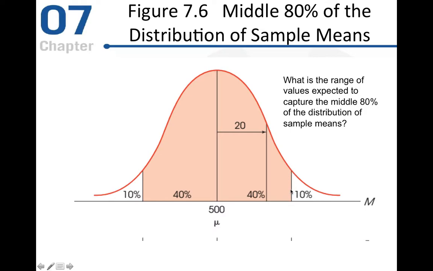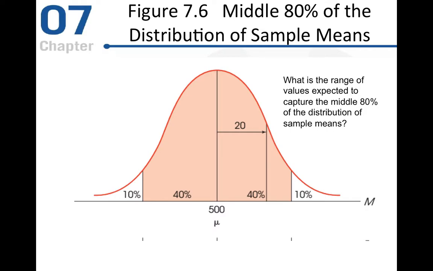So I think that that's column C. Let me check. Yeah, so the proportion between the mean and the z-score. That's going to be column D, actually. It's column D. And so you would go until you found 0.4. Okay, and so I'm going to do that right now.